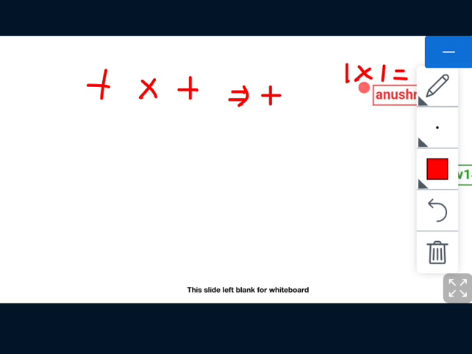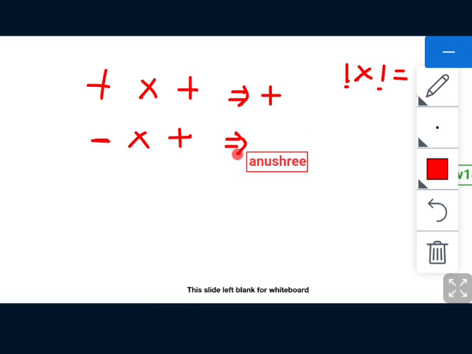This is positive, answer is positive. When you multiply one number which is negative and other is positive, your product is always, tell me, positive or negative? Negative.